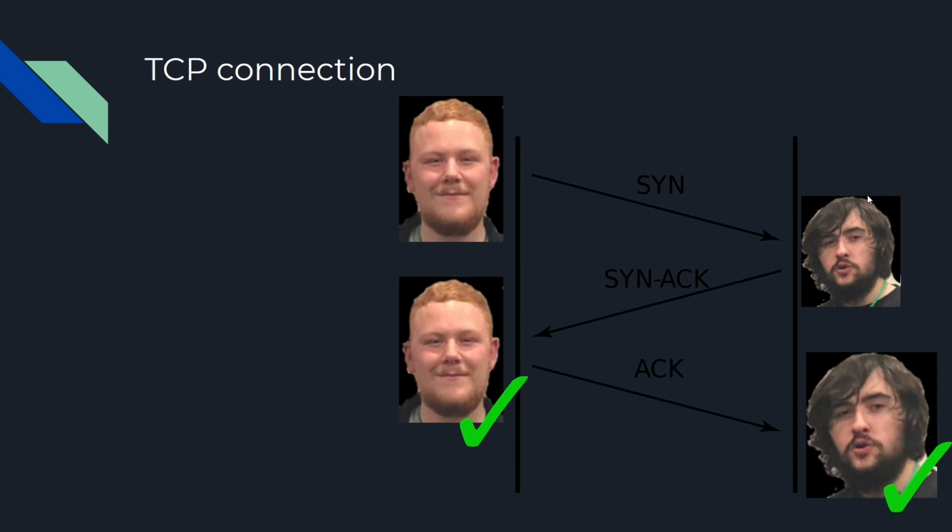Harlan has to acknowledge it by saying synchronize and acknowledged, and then Perry says, oh yes, acknowledged. And then he can send the data. Due to the amount of years that passed, it used to be SYN and ACK as different packets, but nowadays you most likely see them as one packet.